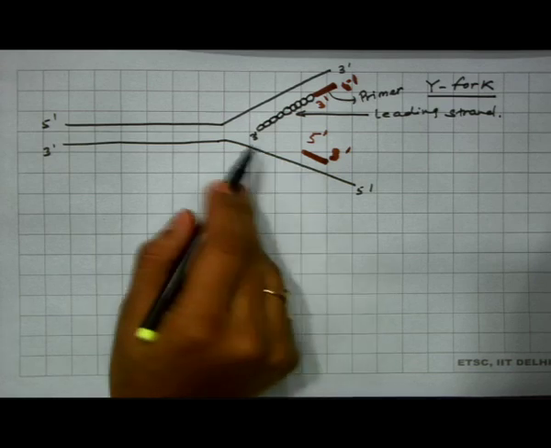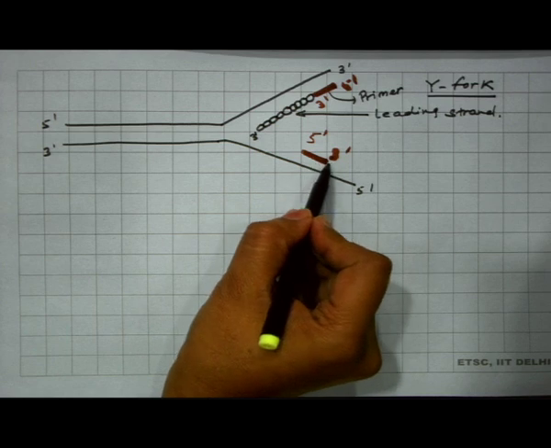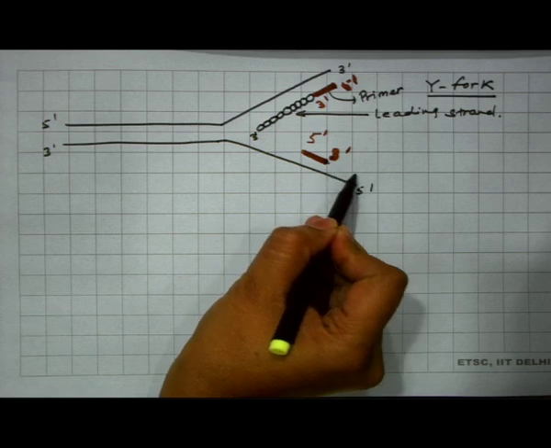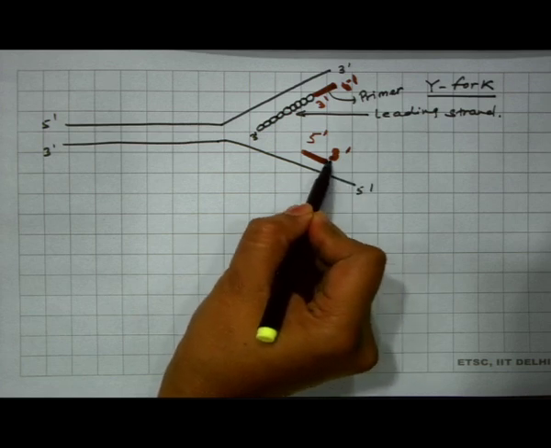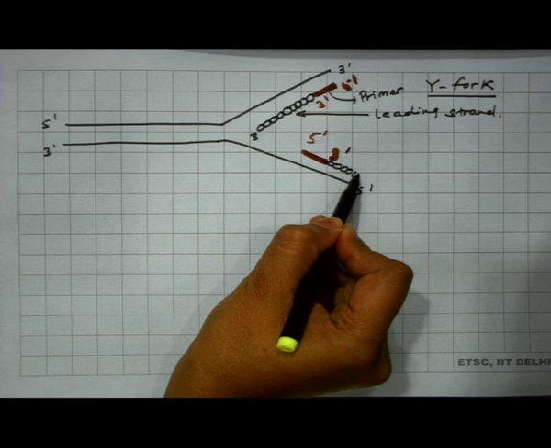But in case of this strand, here is the primer, and this primer is providing a 3' end over here. Now this fragment of the separated strand will be copied by the DNA polymerase.